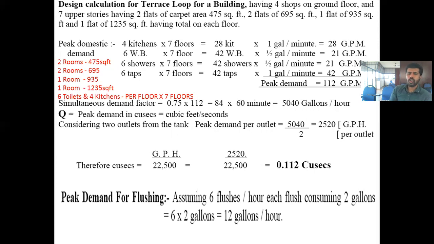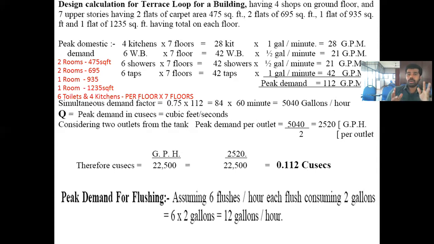So the simultaneous demand factor is what we have to multiply with. That is 0.75, 75%. Just multiply with 75% and you will get 84. So 84 is the water demand, and the peak demand is 112.